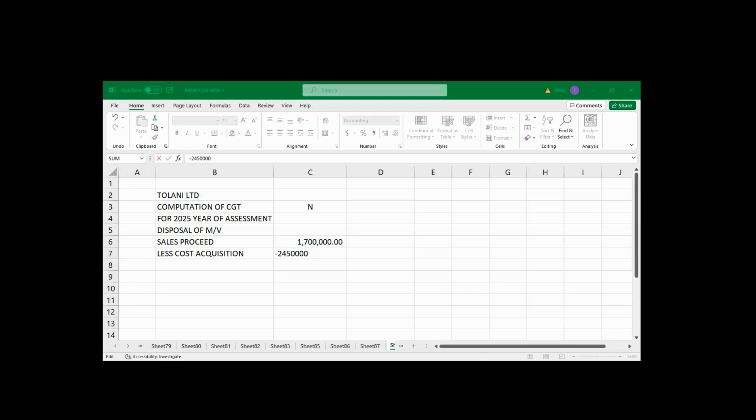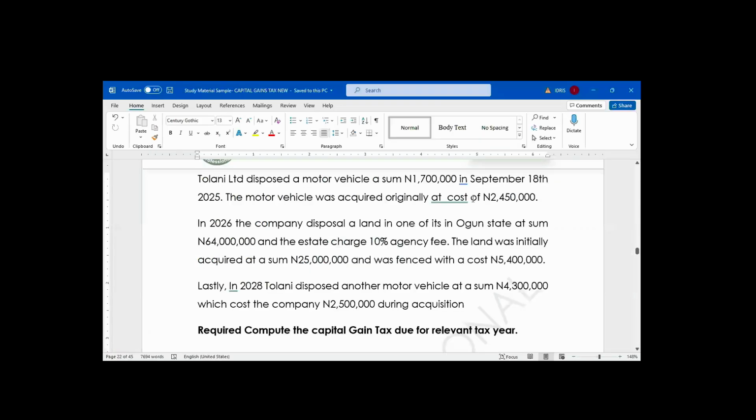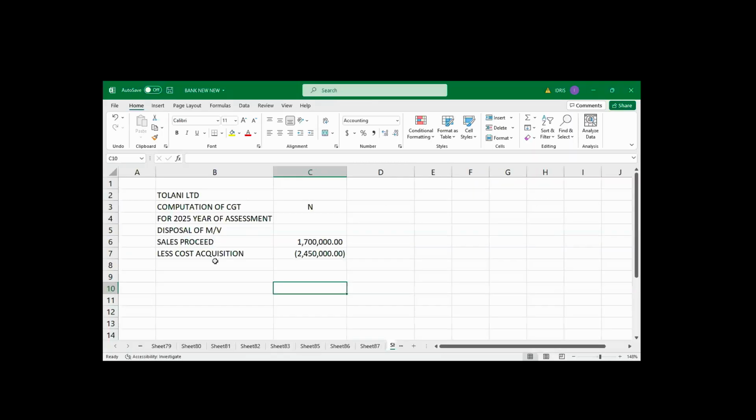How much is the cost? 2,450,000. Can we see that? Yes, sir. Okay, let me go back to the Excel. 2,450,000. So are we having capital gain or capital loss?